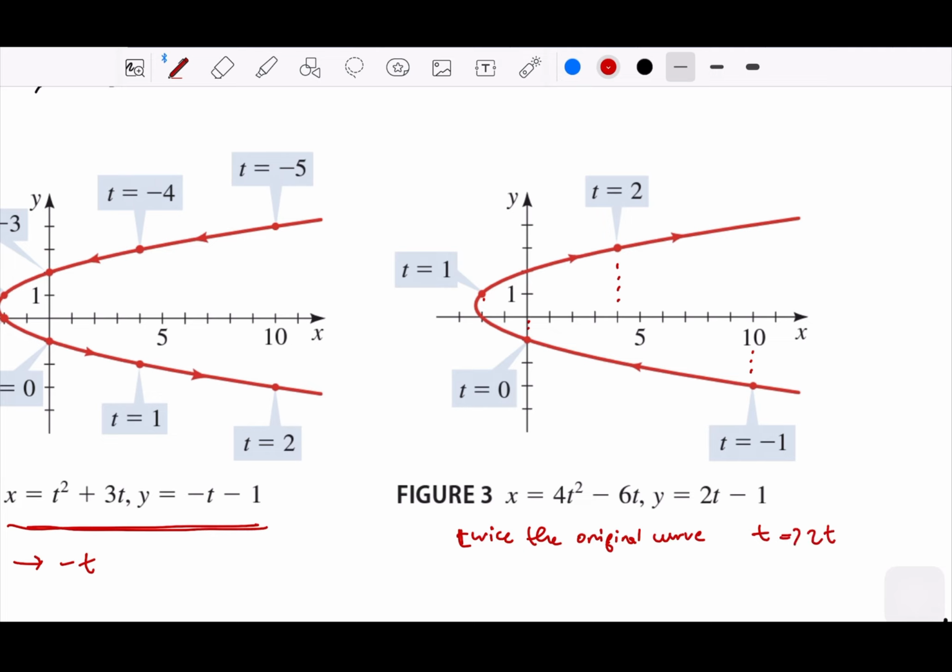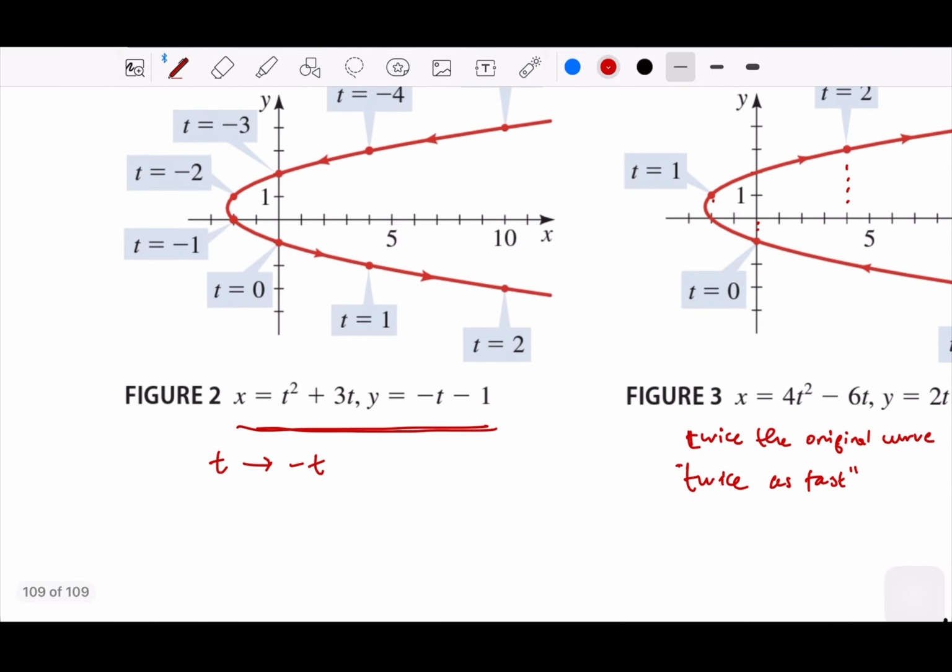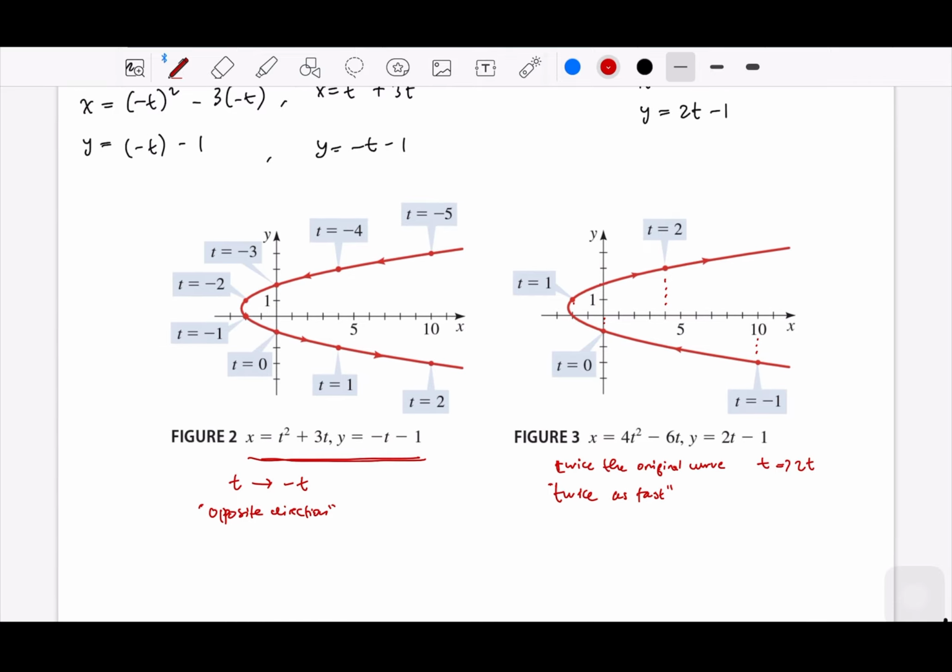Or we could say twice as fast, while the first one here is the opposite direction.